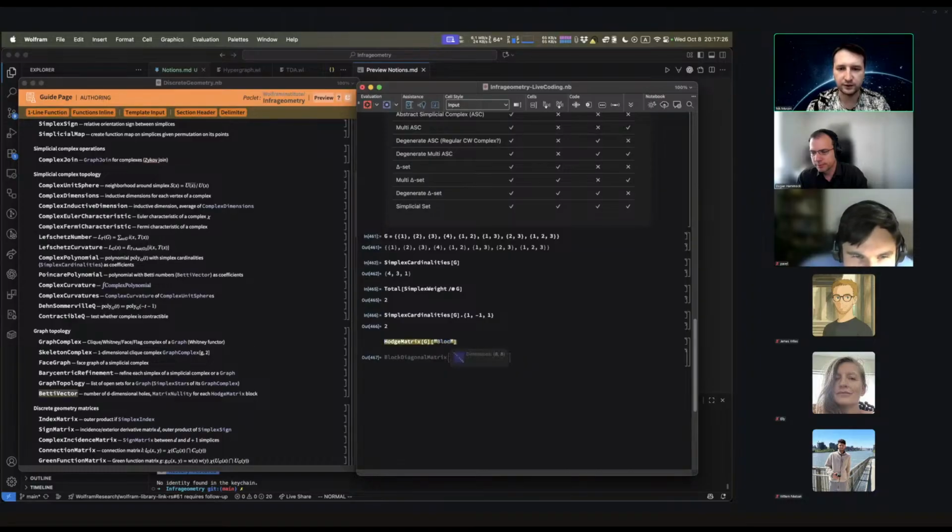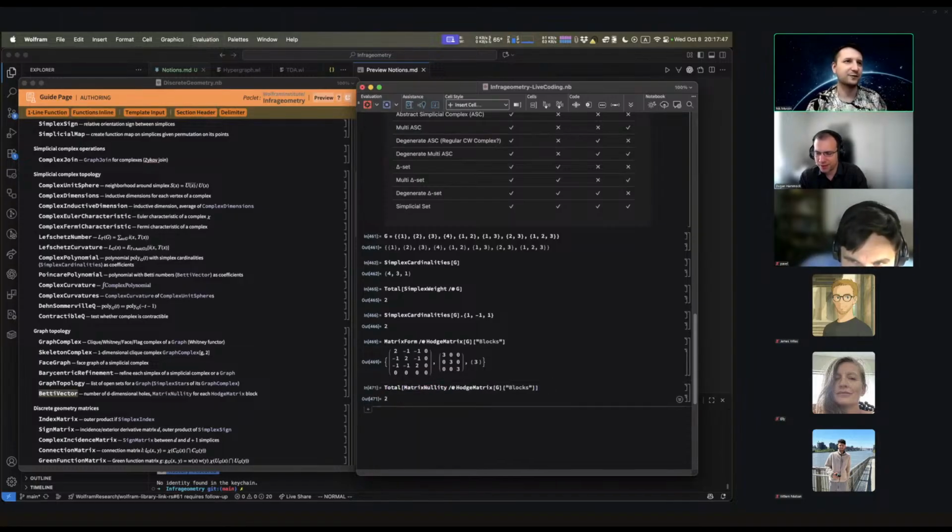It's a block diagram, so we can extract the blocks. There are 3 block matrices, and if you compute the matrix nullity, this is also built in, with some numbers, and if you sum them together, you get the same number. So this kind of theorem holds for different kinds of complexes, I guess.